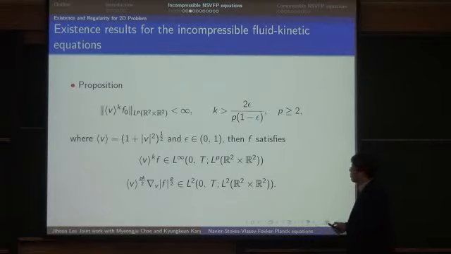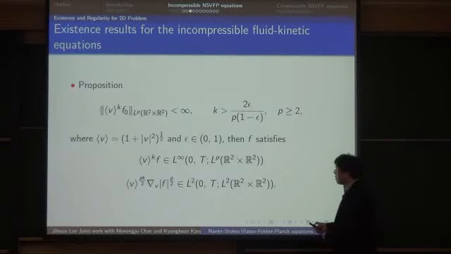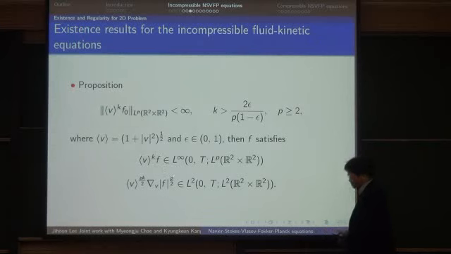If we consider the initial data is bounded in some weighted Lp space, and K satisfies this condition, then we still have the weight. Even in this kind of higher moment, we have the conservations here.